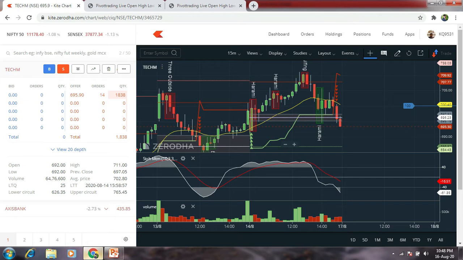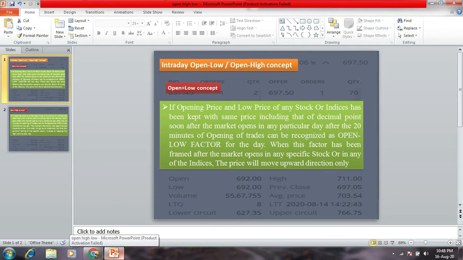If it is 692.20, this low also should be 692.20, then only this criteria matches, otherwise just ignore that. But there are some situations where, if the decimals vary, there can also be a good movement, but that will be a separate criteria. If you just follow the rules, don't get confused with this.